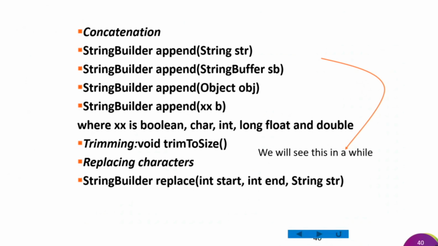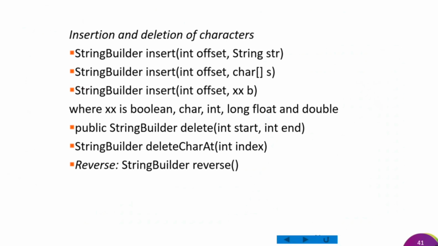These are the common methods available inside the string builder. There are a few new methods also available in string builder, like append with a parameter, append method with an object. So you can append an object, you can append a string buffer, you can append a string. You have trimToSize, and replace. These methods you can use inside your string builder.